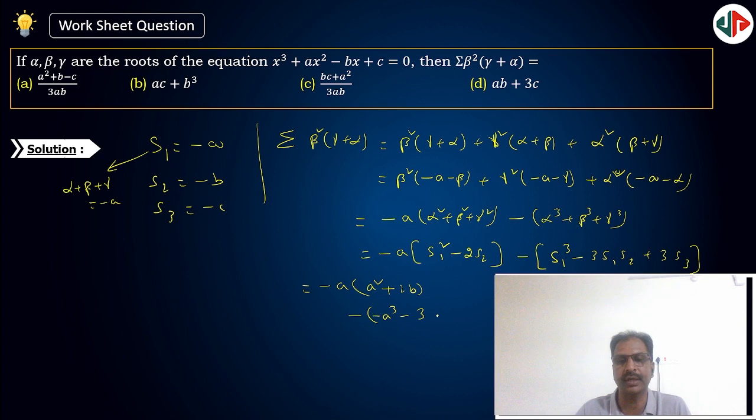S1 S2 is AB, not BC, plus 3 S3 is minus 3C. Now if you simplify this, you get minus A cube minus 2AB plus A cube plus 3AB plus 3C. 3AB minus 2AB, AB plus 3C. AB plus 3C, option D.